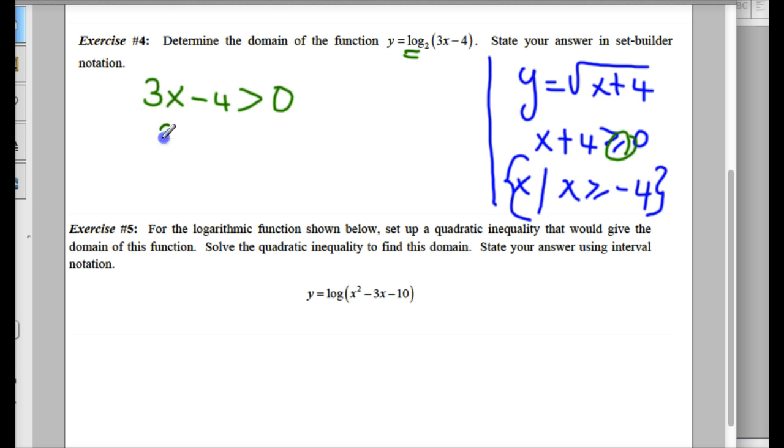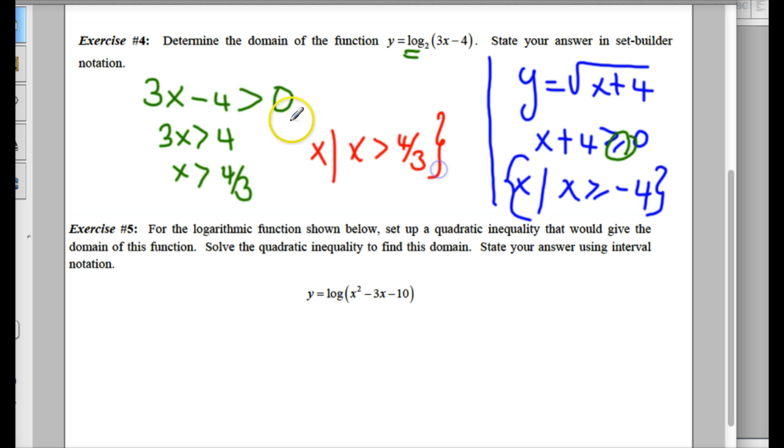Then I would solve this regularly. 3x is greater than 4, x would be greater than 4 over 3. It's asking for set builder, so my final answer will be x such that x is greater than 4 over 3 with my little squiggly brackets.